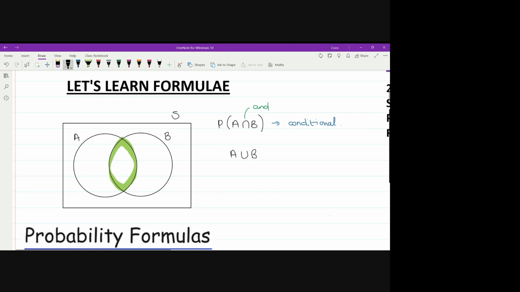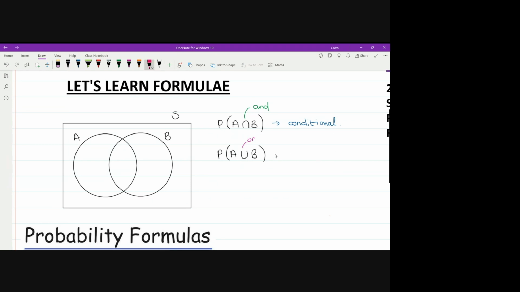What's the easy word for union? Or. Good. Well done. Fortunate, you're on fire today. Good. Or. So if we want the probability of A union with B, we're also going to have a bit of a condition.